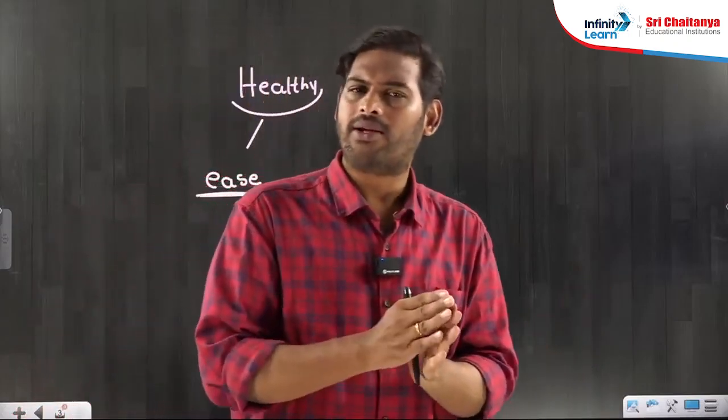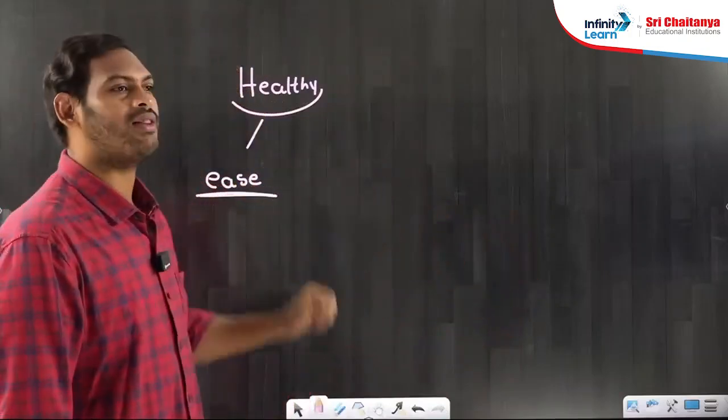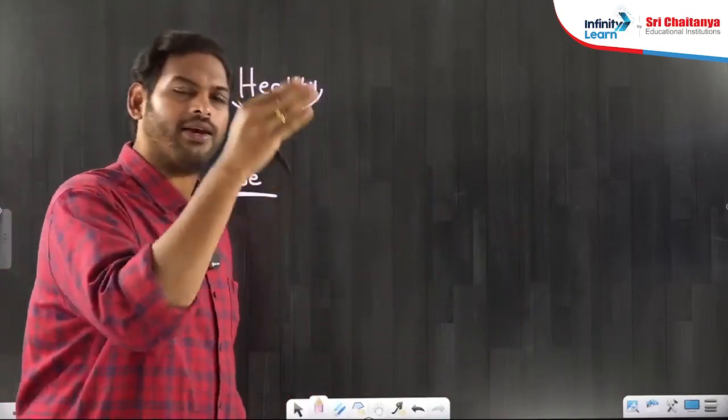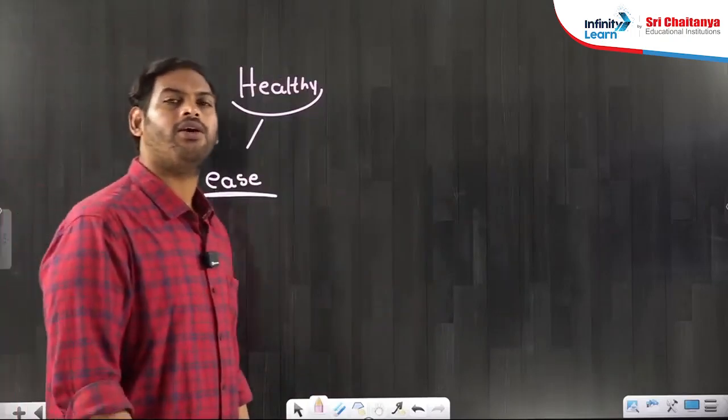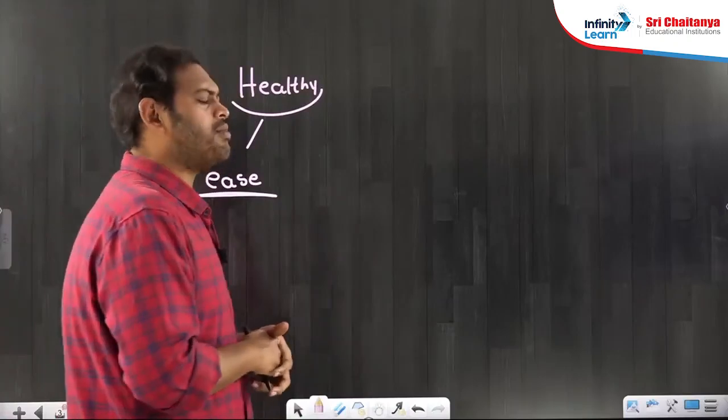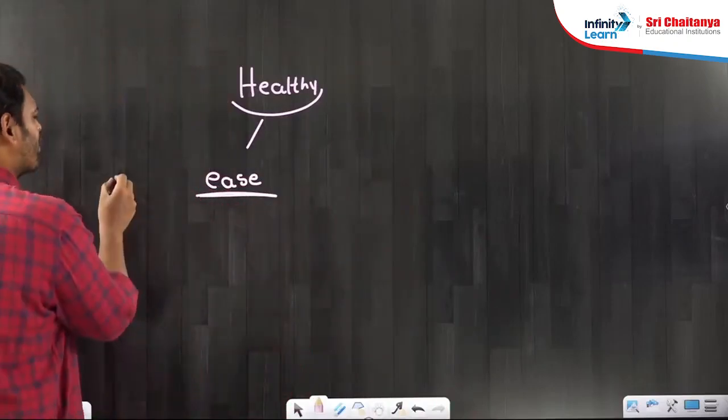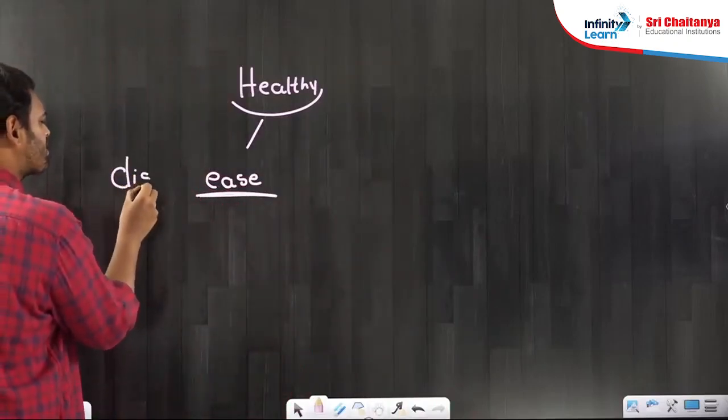So any disturbance in your health, any disturbance in your body systems, can impair your ease in doing things. Loss of ease, losing your ease in doing some tasks, loss in functioning, disturbance in your enzymes, hormones, and body systems is disturbance in ease.